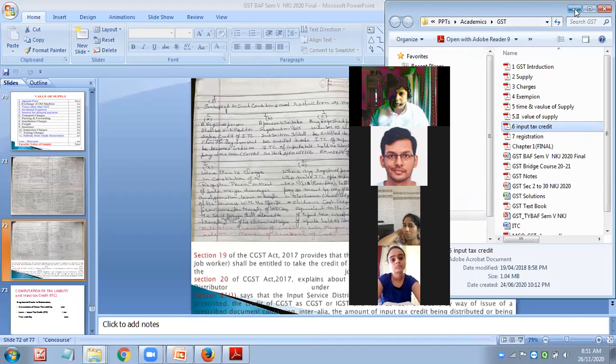So I'm keeping these two, section 16 and 17, in full screen. And after the break, we are going to discuss sections 17, 18, 19 and 21. So today we are going to finish ITC. Am I right? Any confusion, anything you want to ask? Next, I am going to meet again after Gavaskar sir's FM lecture at 9:40.